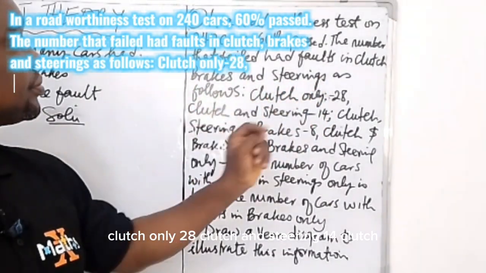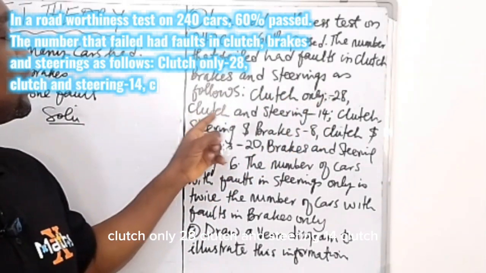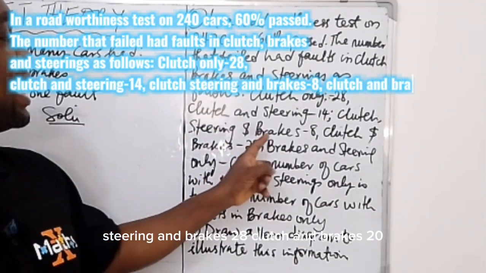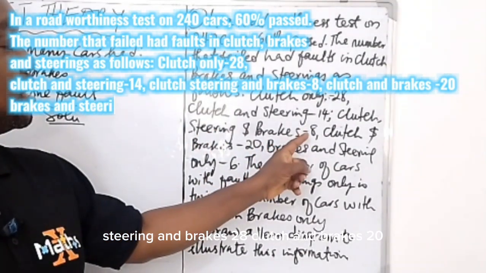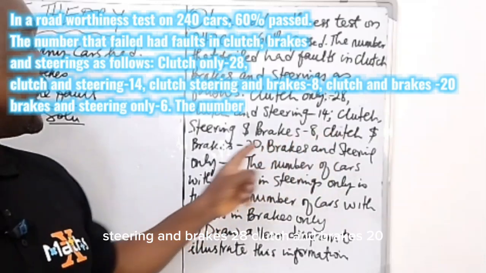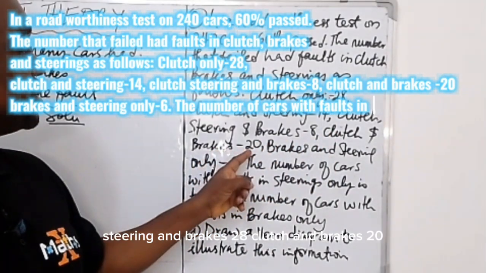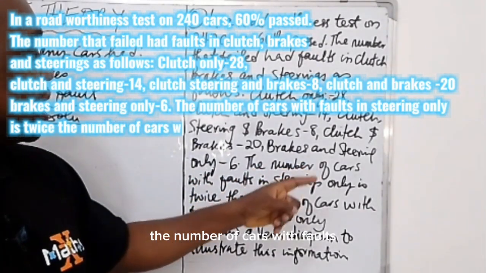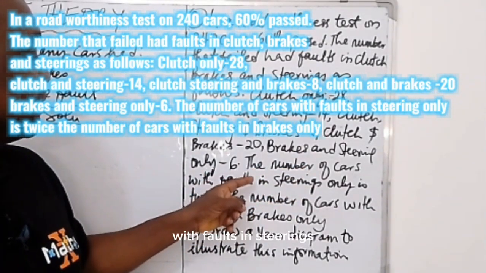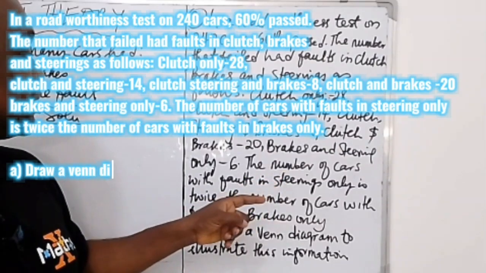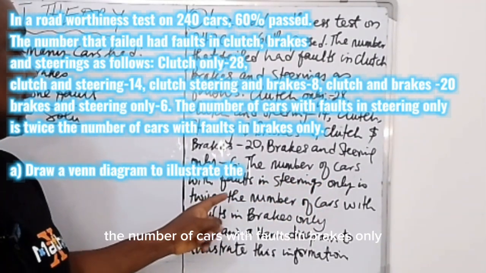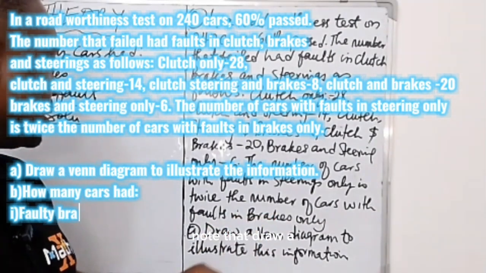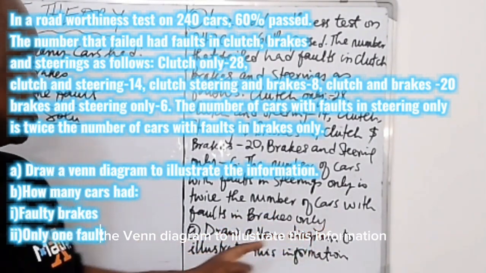Clutch only, 28. Clutch and steering, 14. Clutch, steering, and brakes, 8. Clutch and brakes, 20. Brakes and steering only, 6. The number of cars with faults in steerings only is twice the number of cars with faults in brakes only. Note that.